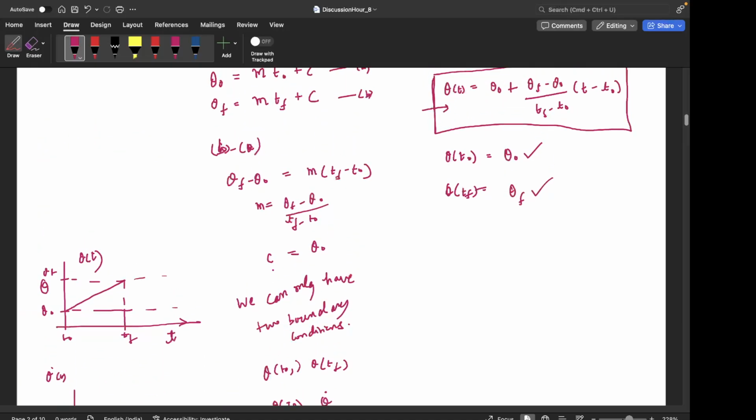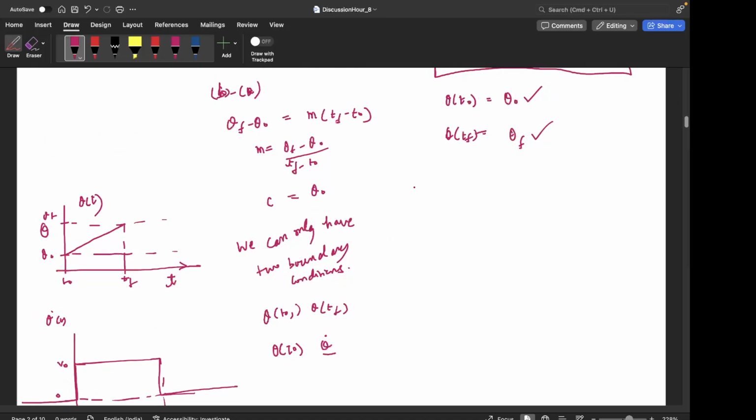Now similarly, the idea is that we can choose any polynomial. Polynomials are a good choice because they are differentiable n number of times.